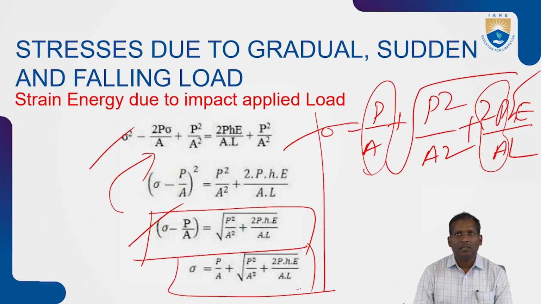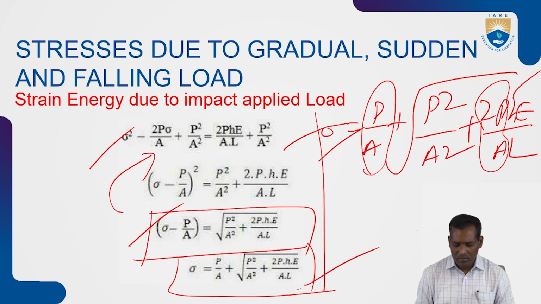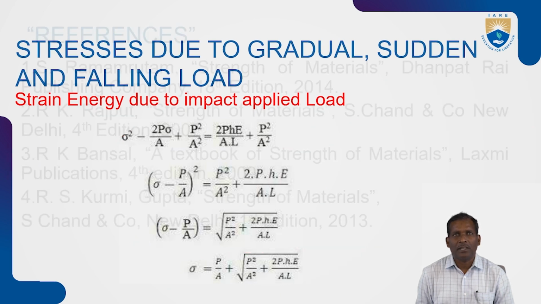So the final equation for strain energy due to the impact applied load: sigma is equal to P by A plus square root of P square by A square plus 2PHE by A.